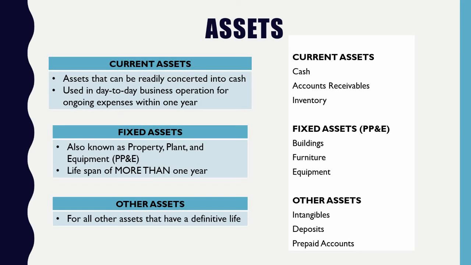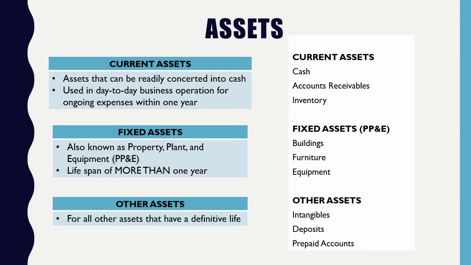Now, how they are categorized is very important to understand too, because this is based off of how readily available they are, or what we call liquidity. So how easy is it for you to convert it into cash? Current assets at the top would most likely be your cash.